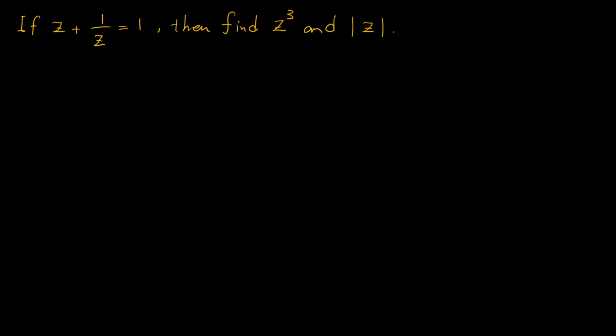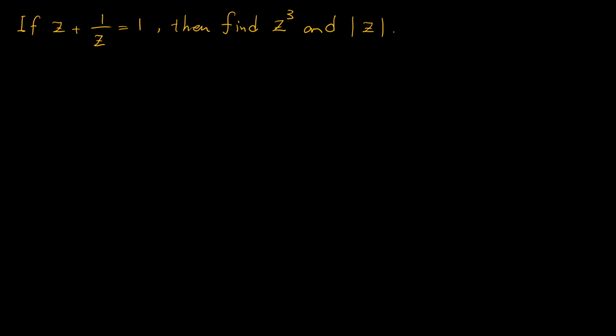When we see this equation, z plus 1 over z equals 1, we notice that z is in the denominator, and we don't like to have rational expressions. To get rid of z from the denominator, we multiply left side and right side of this equation by z.